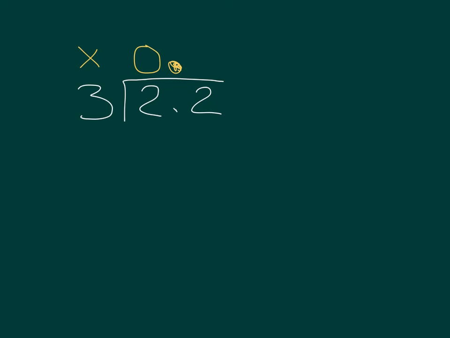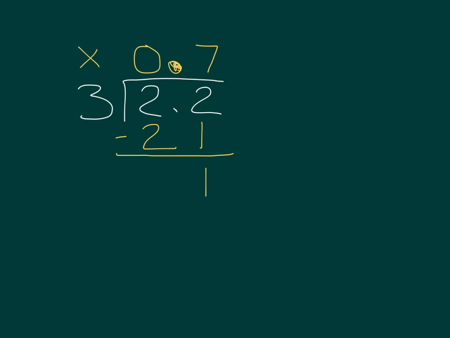And now, because I've already taken care of my decimal, I can say 3 goes into 22 how many times? 3 times what equals something close to 22? And I know that 3 times 7 equals 21. Okay, so I subtract 22, take away 21, I'm left with 1. All right, great. So now I do what I did last time.